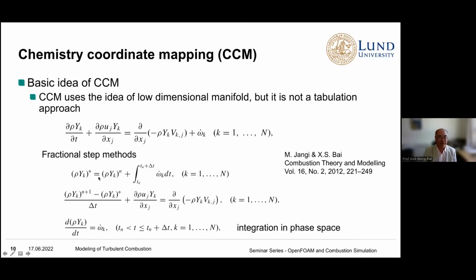This integration step will generate intermediate state species and density, marked with a star. Then based on these, one can do the convection, diffusion integration for the flow simulation. Depending on the order of accuracy in time, one can do different combinations of the steps, but this is the basic idea of fractional step.